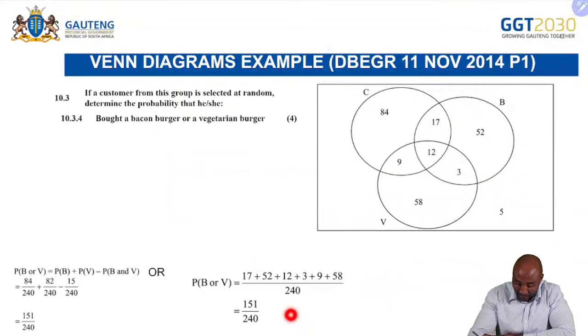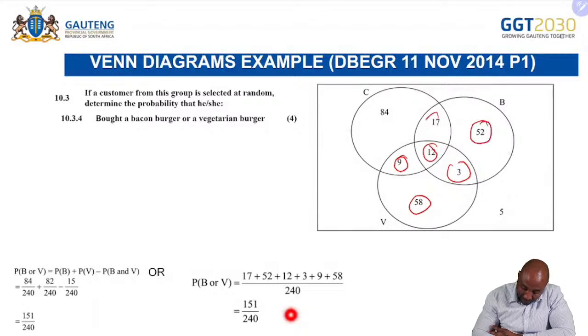We will have our 58, this 58 plus 9, our bacon burger is still there, plus 12 plus 3 plus our vegetarian burger. We'll have our 52 there. We'll also have our 17 there. We add these, we should get 151 over 240.